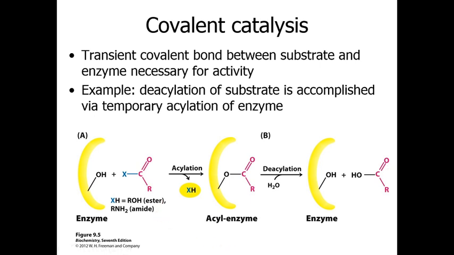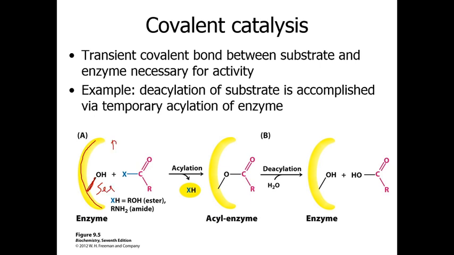Here, if you look closely, the yellow arch is a cartoon representation of an enzyme. The OH group that is shown is in the active site. It's more likely to be a serine. That is the hydroxy that is shown here.